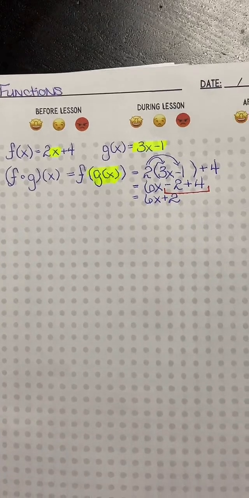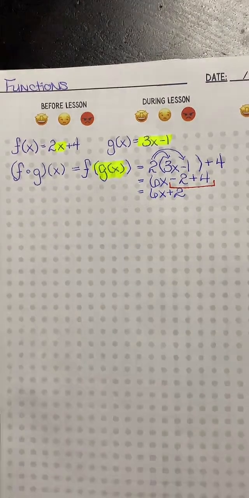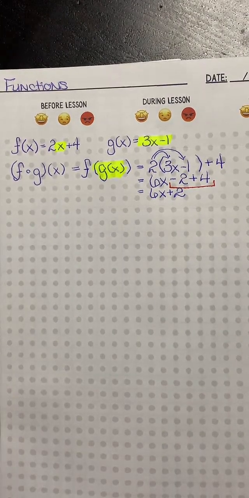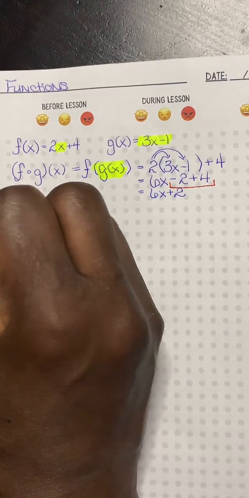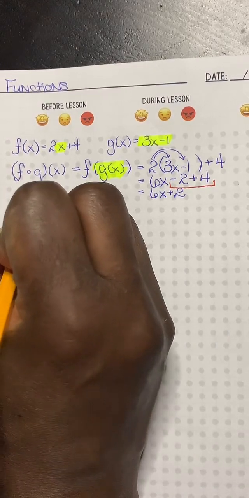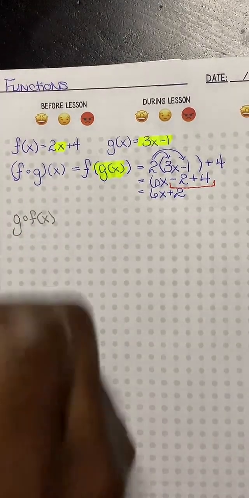Now, if I wanted to, I can go the other way. If I wanted to go GOF, if I just want to go golfing, right? So I'll have my g of f of x. Okay?